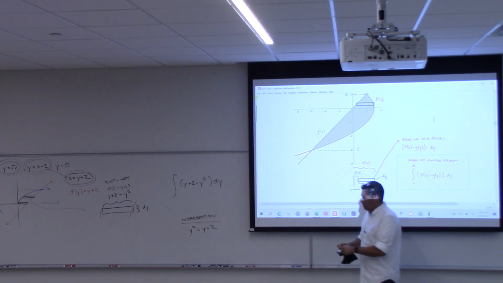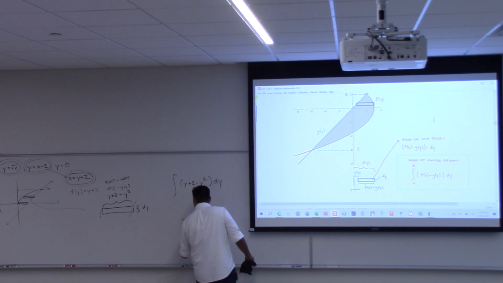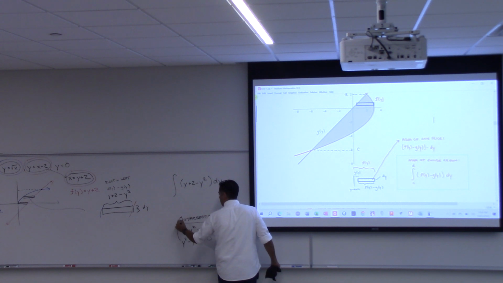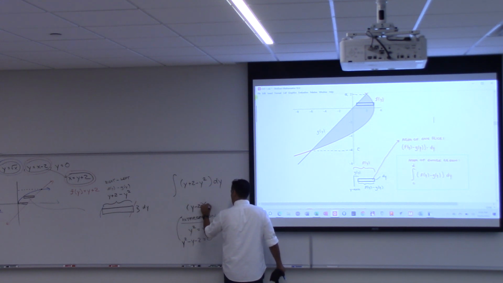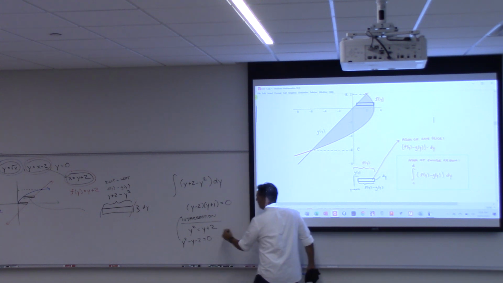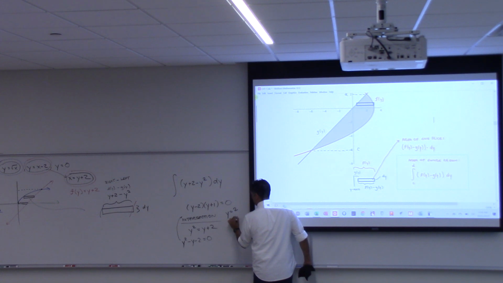So move everything over to one side. It factors. What do we get? Factor-wise, y minus 2, y plus 1 equals 0. You get two answers there. y is 2, y is negative 1.